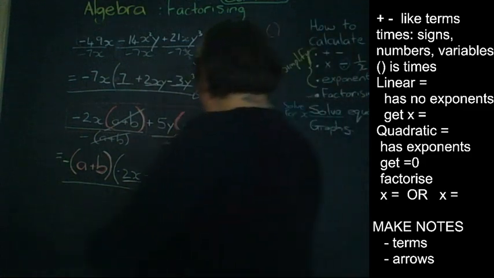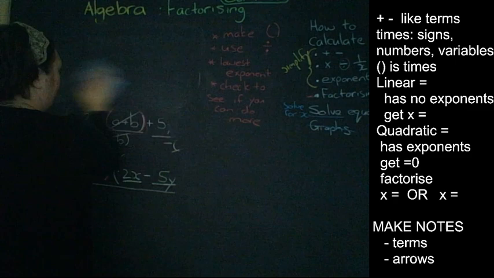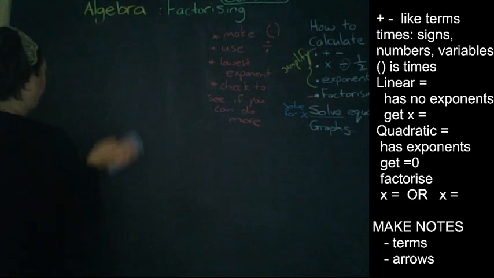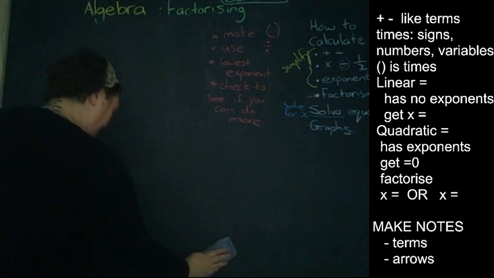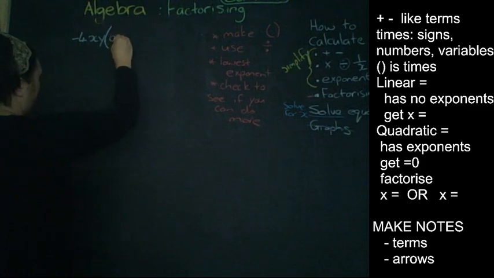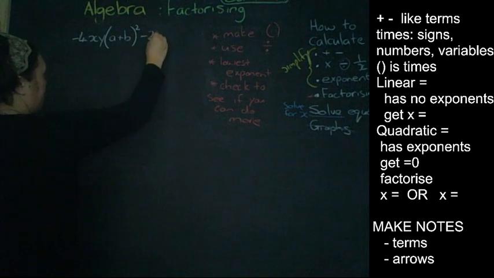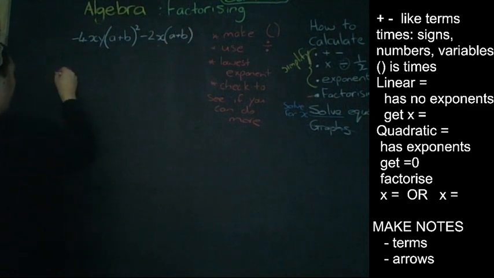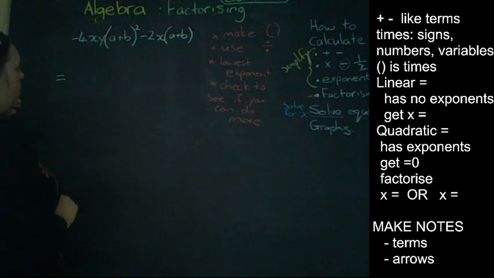Okay, let's do another one with brackets. And say we have... so we're factorizing, we're looking for a common factor.